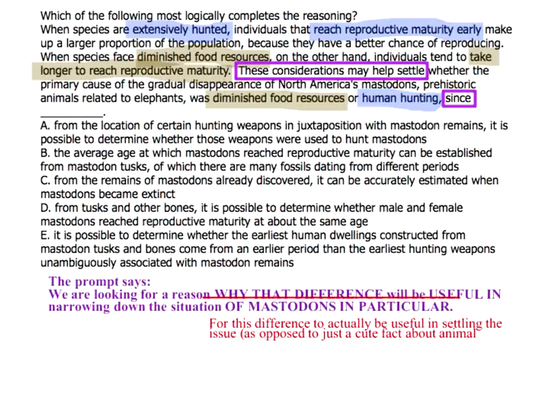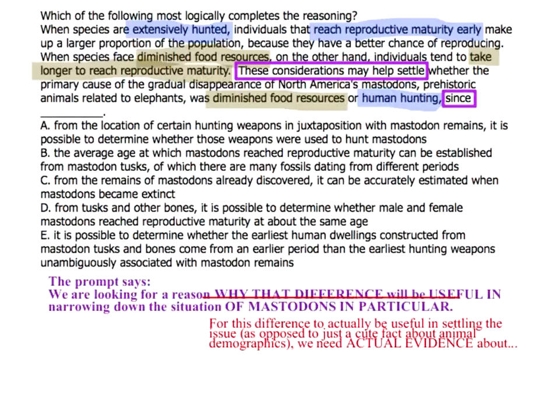we need actual evidence about what? Tell me in the chat box. Yeah, we need some sort of actual hard evidence of when mastodons reached maturity.